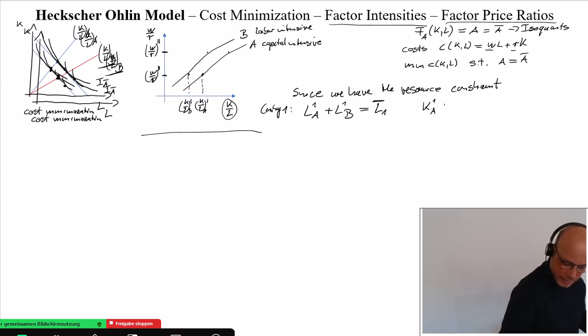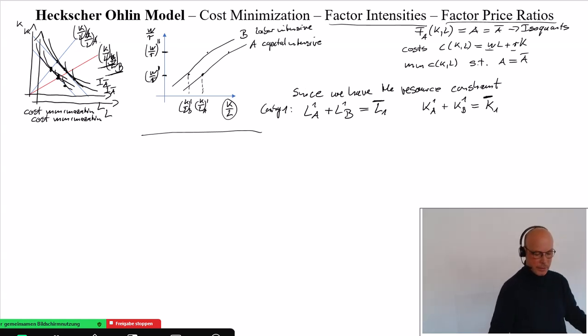I will skip these indices in the next diagram, because the argumentation is of course the same for the other country. K1 bar.